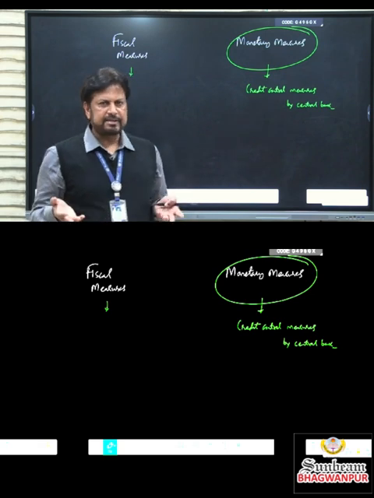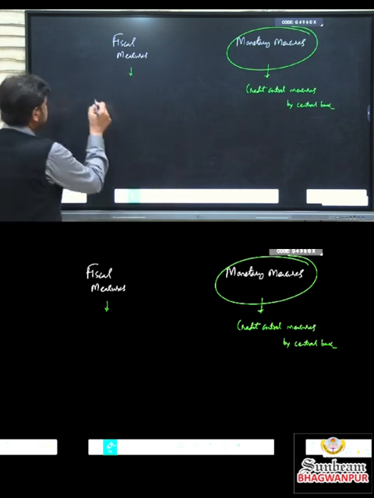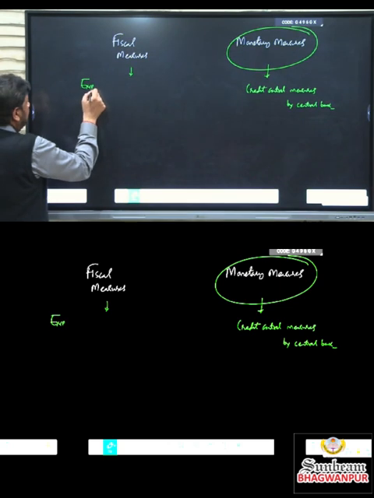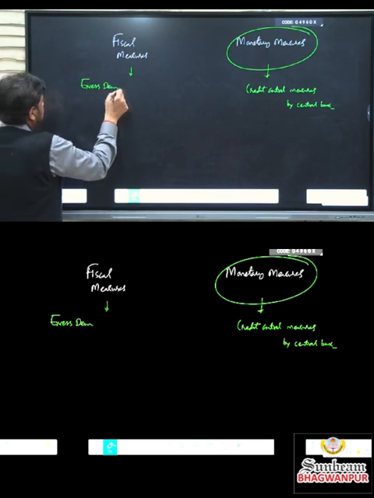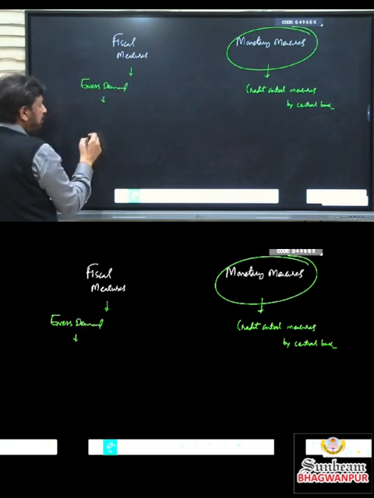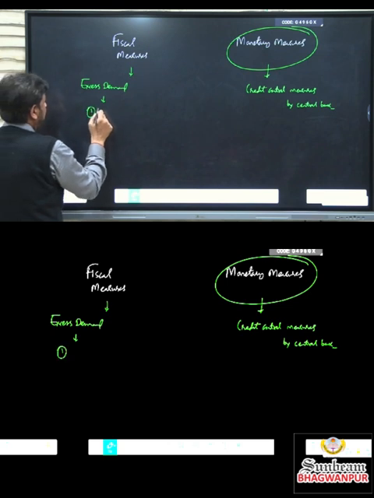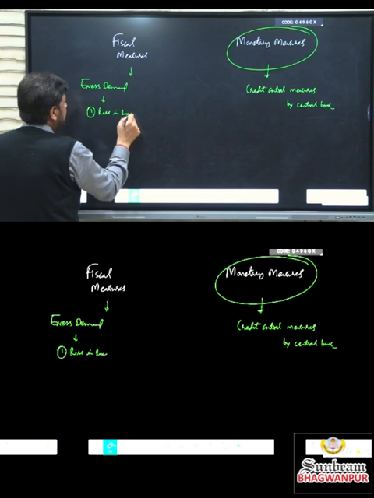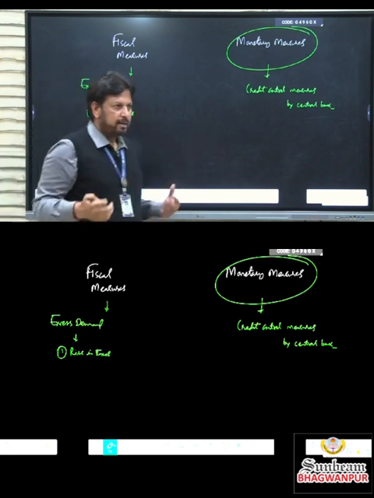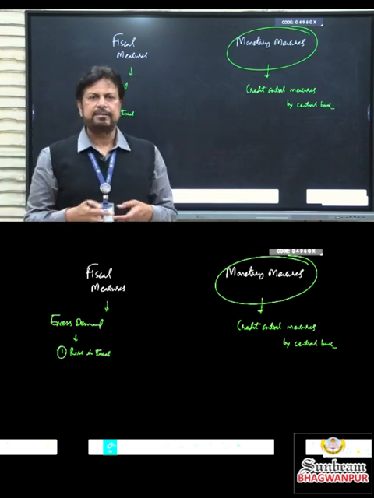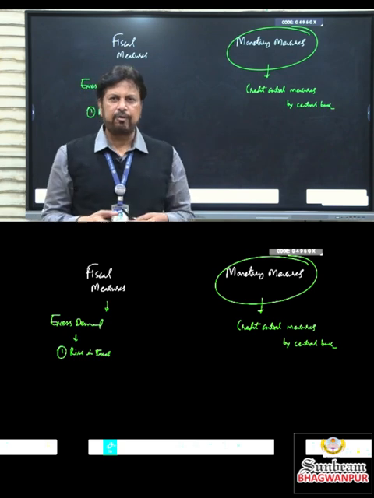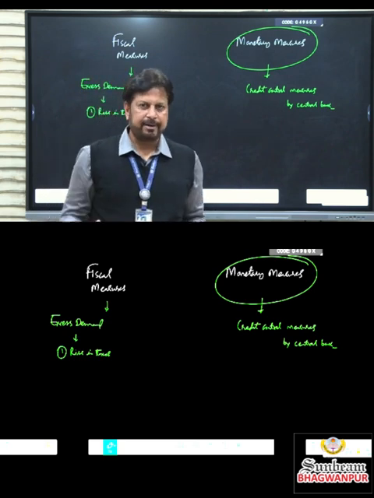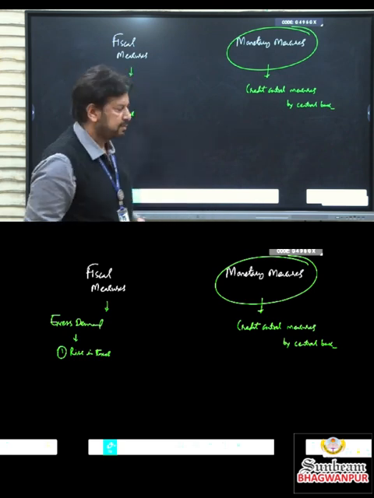So if there is excess demand, then what can the government do to control it? That is a rise in taxes. Because the government's purpose will be to reduce aggregate demand, the government will increase taxes. When taxes are increased, disposable income will fall, and with the fall in disposable income, aggregate demand falls.